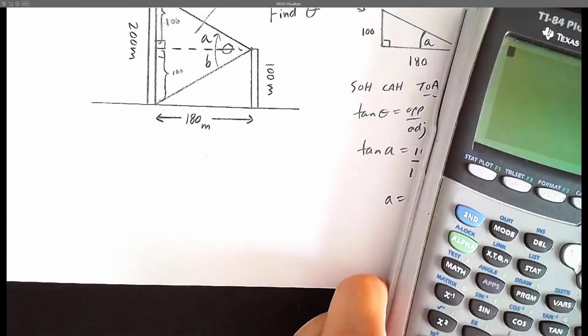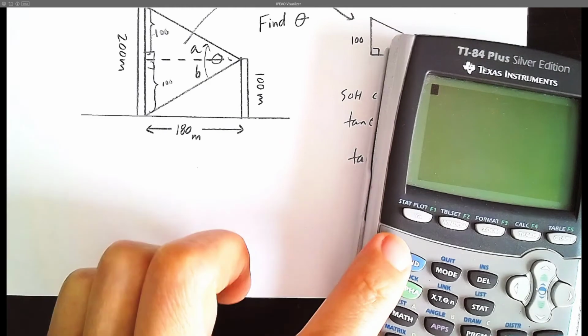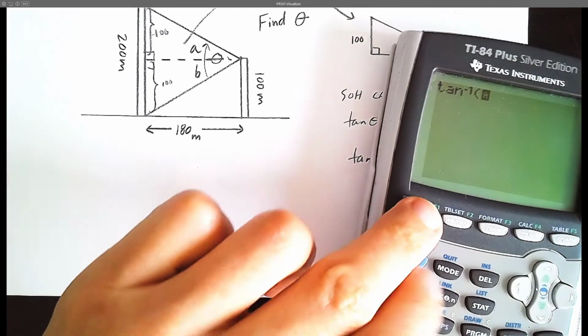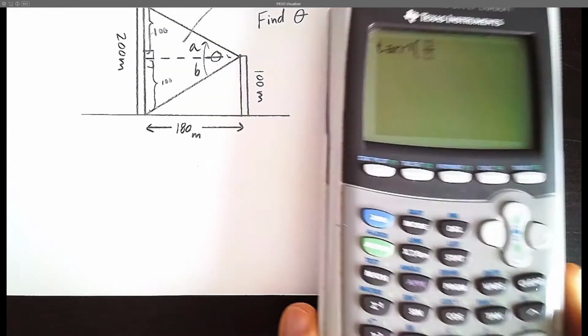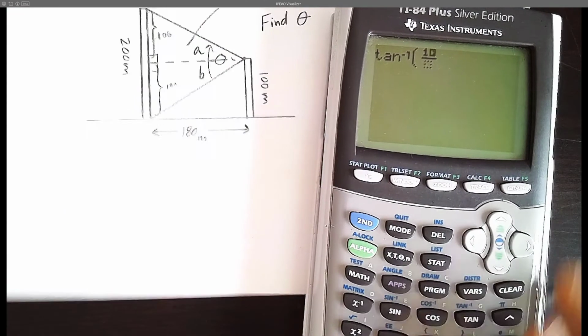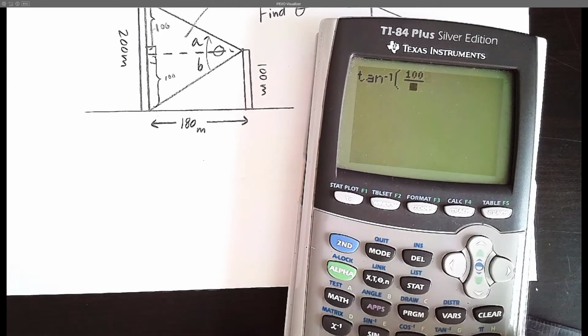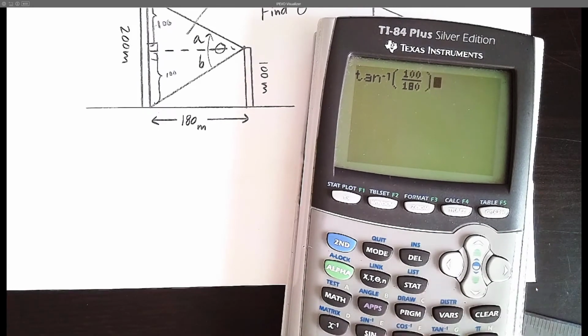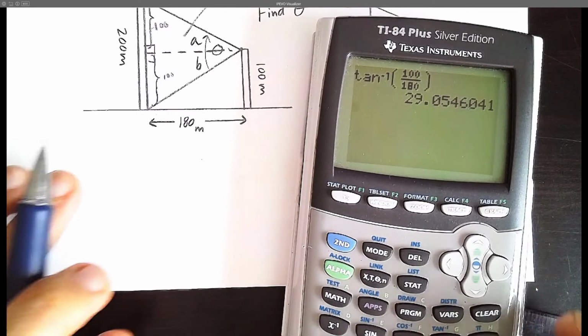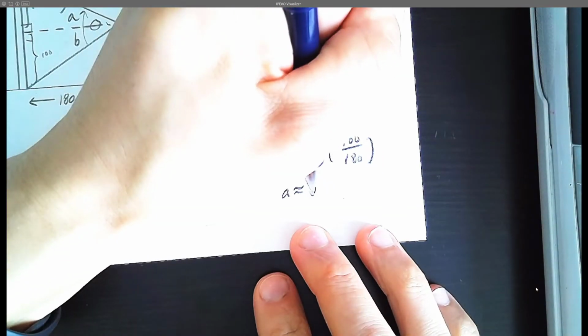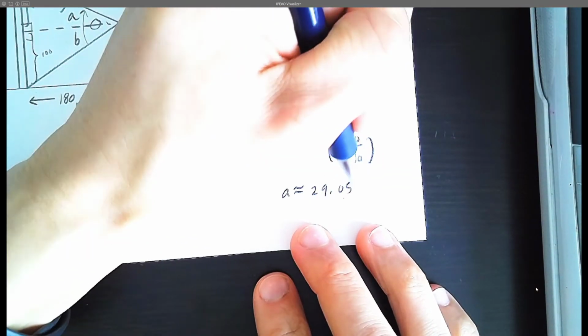Arctan, or tan inverse. So we're going to hit tan inverse of 100 divided by 180, and the answer is about 29.05. So the angle A is about 29.05 degrees.